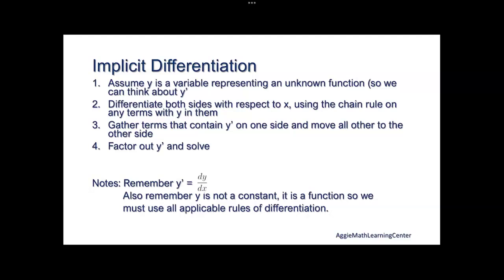We then gather the terms that contain a y prime on one side and move all others to the other side. We factor out y prime and then we solve for y prime. This will make sense in a bit.